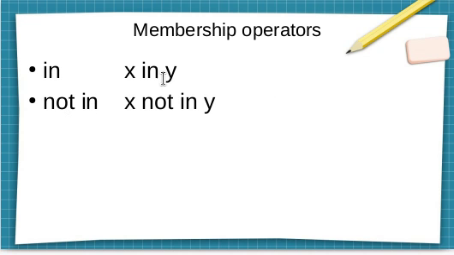If x in y, that means y is a list or a string. If x is present in y, then it gives us true. If x is not present in y, then it will give us false. Like this, if x not in y, it will give us true if x is not present in y. If x is present in y, then it will give us false.